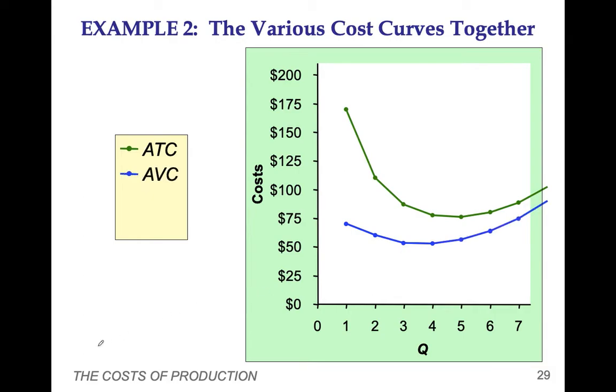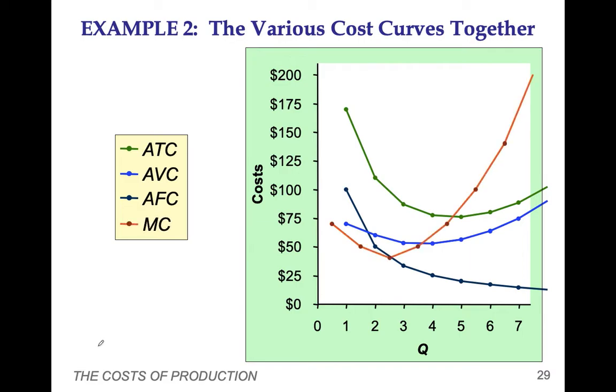The blue curve represents the average variable cost curve, and this dark blue curve represents the average fixed cost curve. And this orange colored curve represents the marginal cost curve.